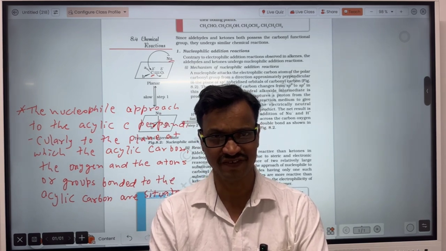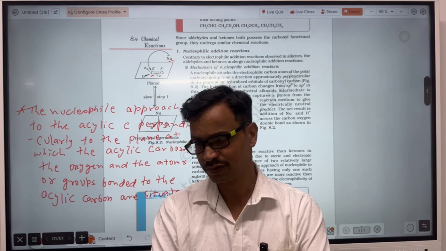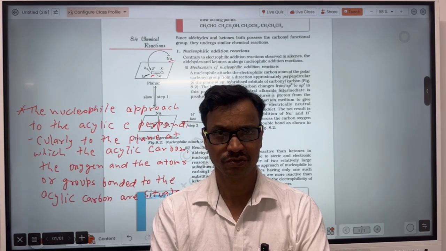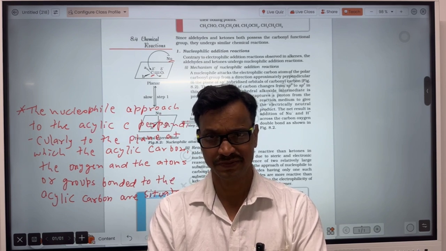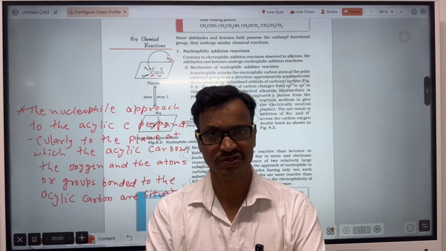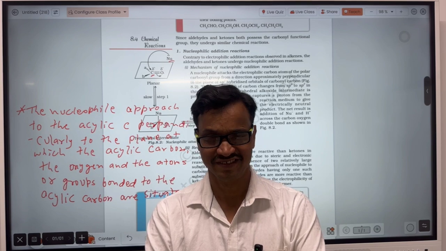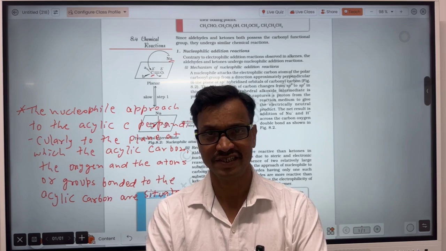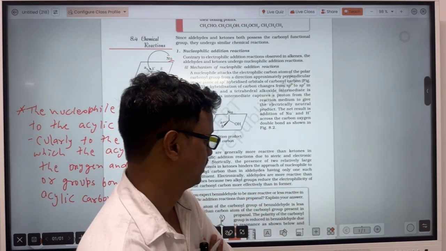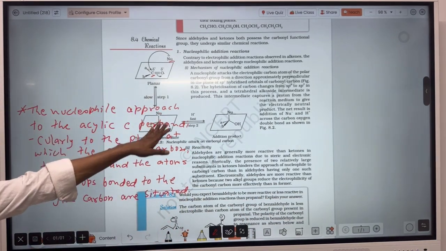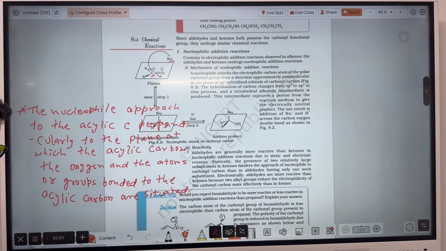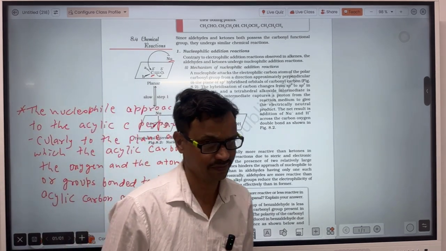In an explanation-based question this will not be asked, but you should have the knowledge so that you can solve it if it is asked in the MCQ of the 12th board, in CUET, NEET, or JEE Main. In JEE Advanced, there is less chance of this question being asked.